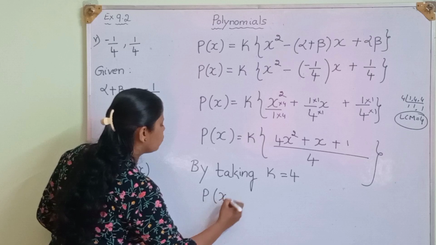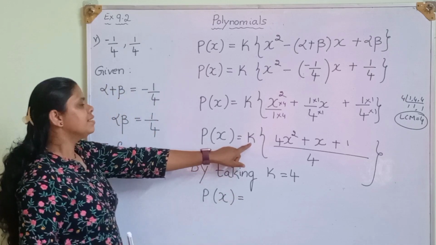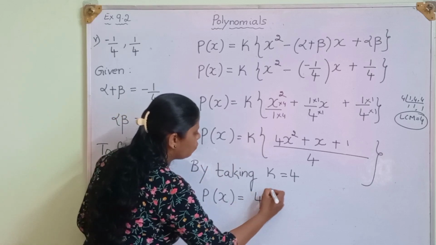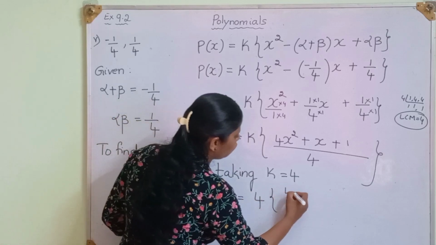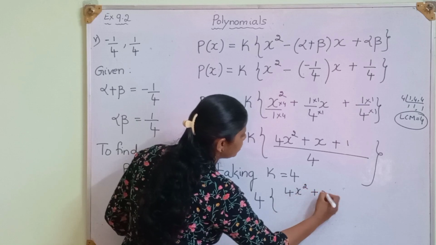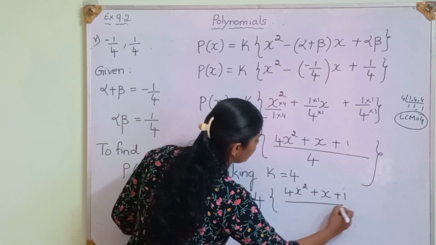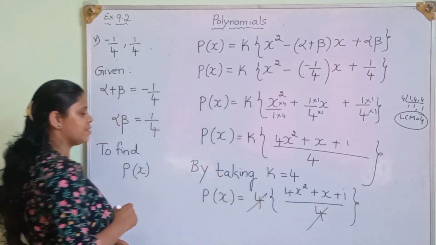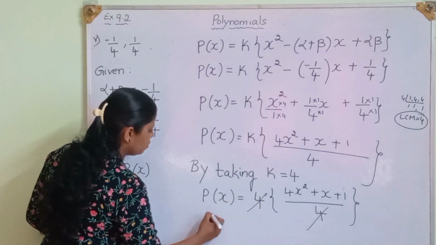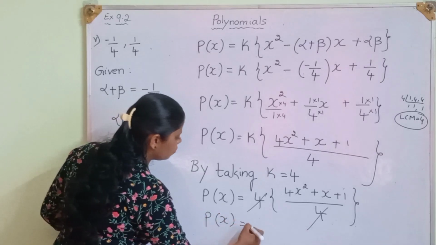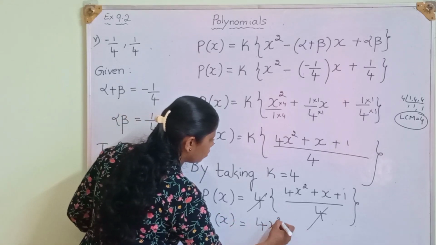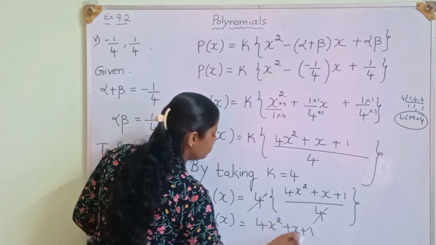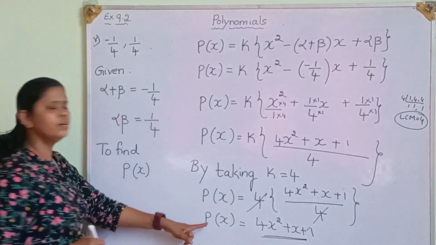P of x is equal to, let us write 4 in the place of k, 4 into 4x square plus x plus 1 divided by 4. Look at this. This 4 and this 4 will cancel. What is left? P of x is equal to 4x square plus x plus 1. This is our polynomial.